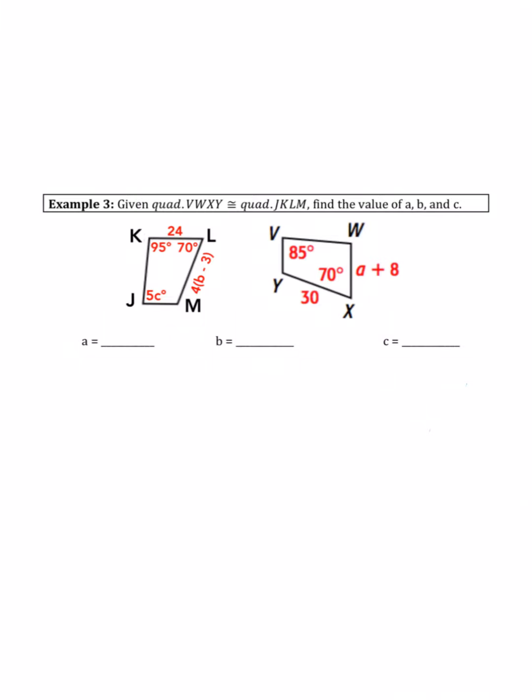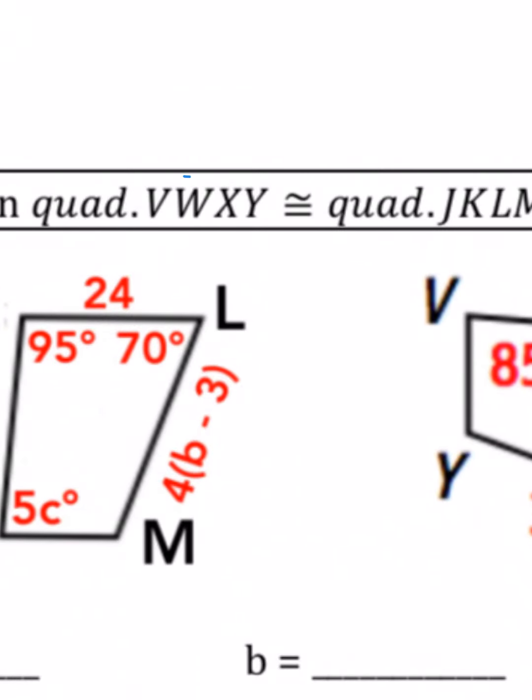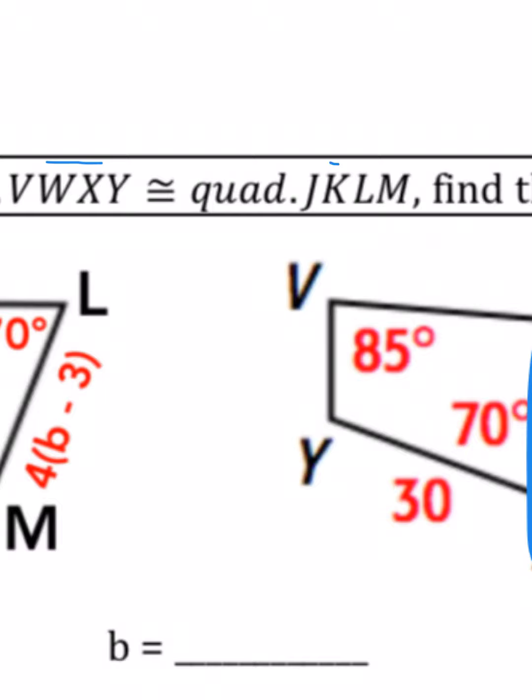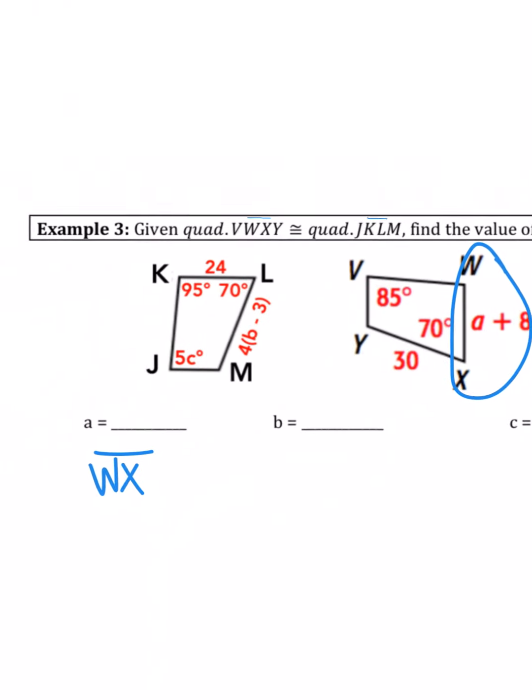So when I start, I can see that little a is located at segment WX. So that's really important here. So I'm going to start by writing segment WX, and then I'm going to look at my congruent statement. When I see in my congruent statement that WX is the second and third letter, I know that that matches with my second and third letter here, which was segment KL.